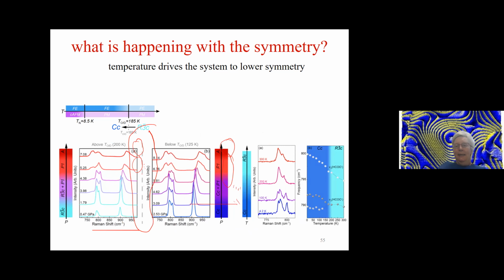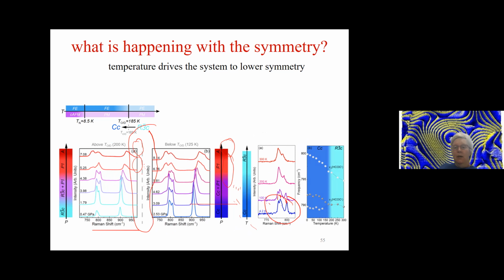But the neat thing is that that's totally different than what happens with temperature. If you examine what happens just at ambient pressure under temperature, you start at 4.2 Kelvin with three features, and you can go to higher and higher temperature. This is the R3̄c.